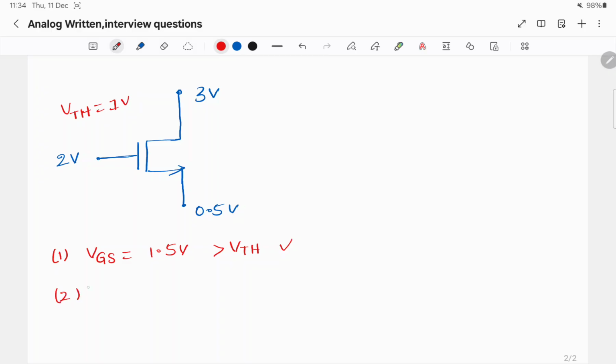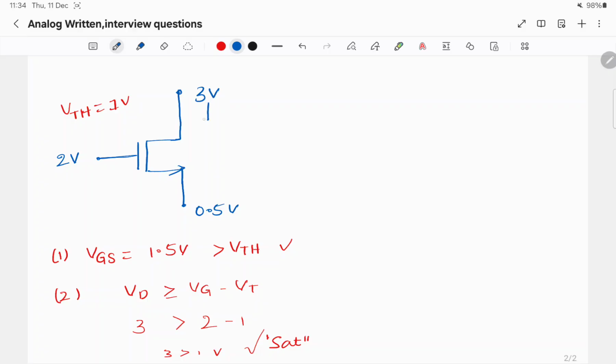We have to look out for the second condition, that is VD should be greater than VG minus VT. Here VD is 3 volts, VG is 2 volts, and VT is 1 volt. So 3 is greater than 1 volt. So this is in saturation.